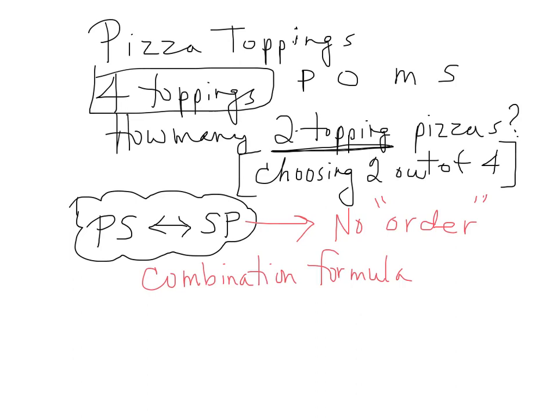But if we were using the formula, this would be 4 combination 2, and we would calculate that using the combination formula. It would come out to 6 possible different 2 topping pizzas. And this imagines that we're not counting pepperoni and pepperoni as a pizza.